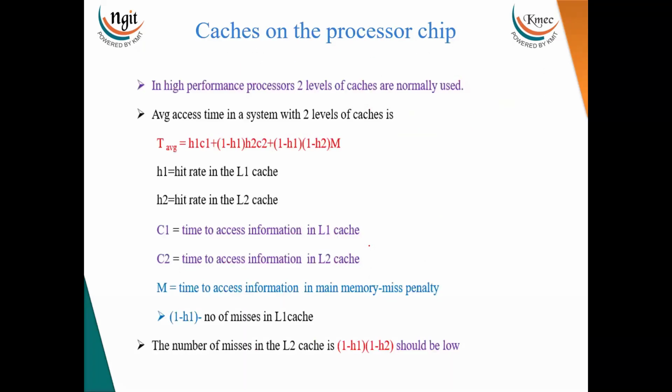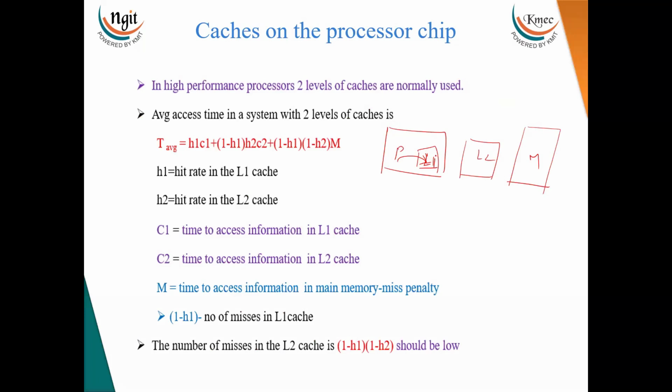If two levels of caches are introduced, with the first cache on the processor chip, then this is the processor, one more cache is introduced, this is the level 2 cache chip, and this is the main memory. Whenever the processor needs data, first it will search for the data in L1. If the data is available, that is the hit rate H1, and the time to access it is C1.